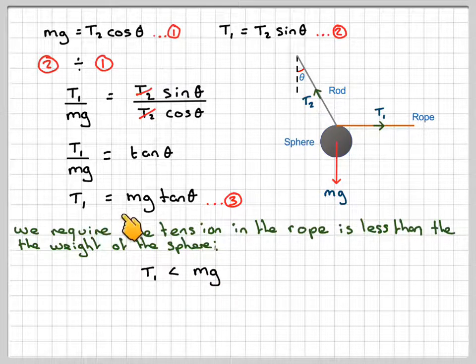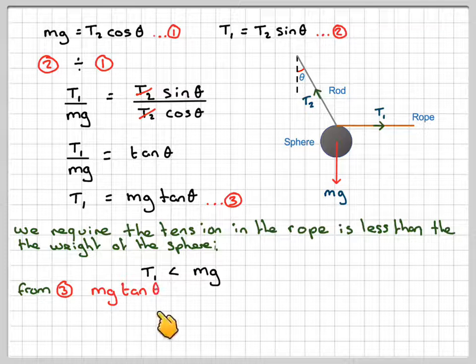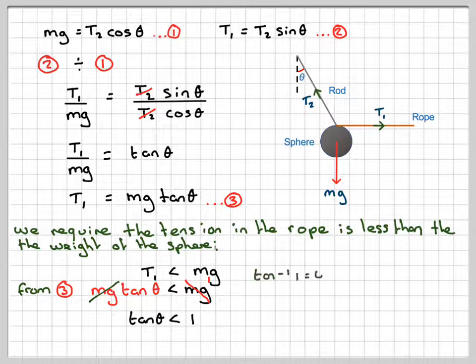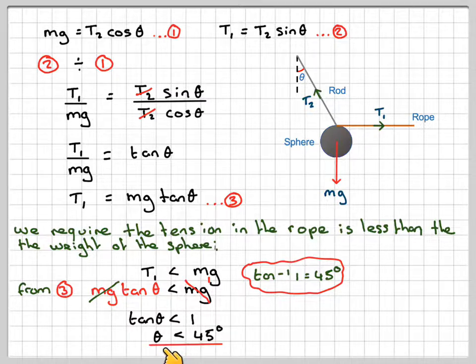But we've got an expression for T1, so we replace T1 with mg tan theta is less than mg. The mg's cancel out, and we get tan theta is less than 1. Then we know that tan to the minus 1 of 1 is 45, and therefore the angle must be less than 45 degrees.